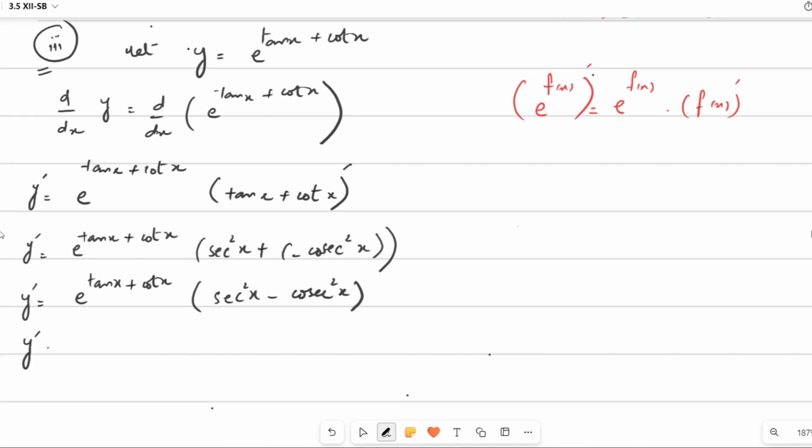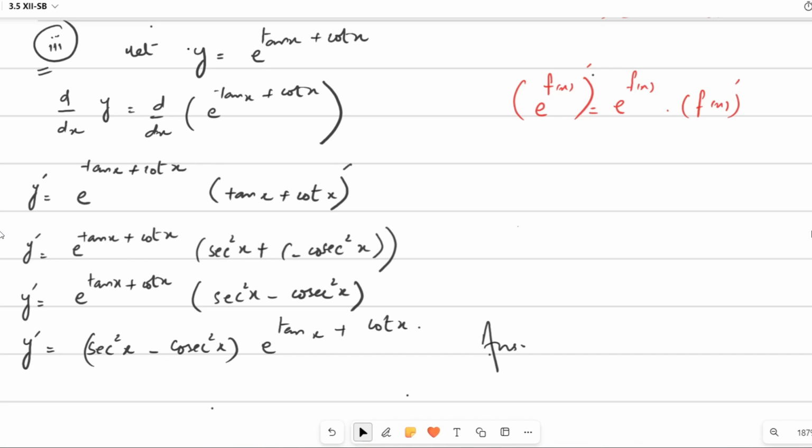It can be written as secant square x minus cosecant square x, into e raised to the power tangent x plus cot x. Here is the answer.